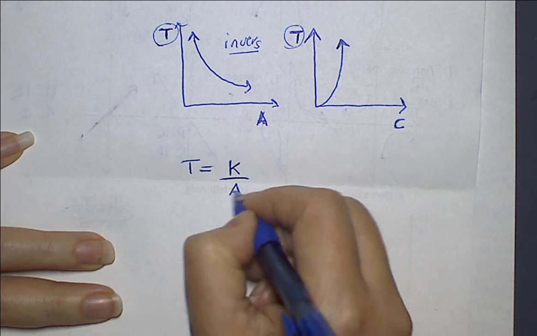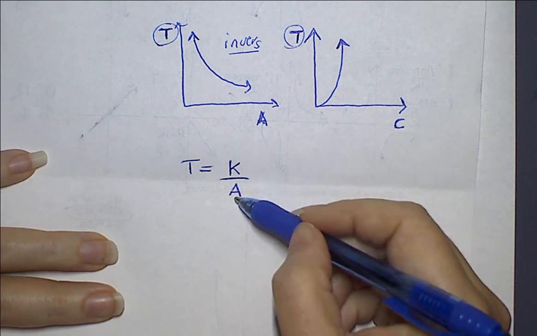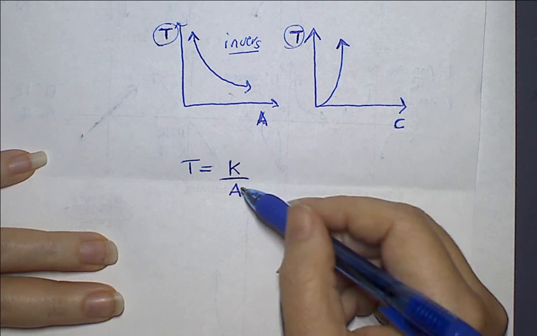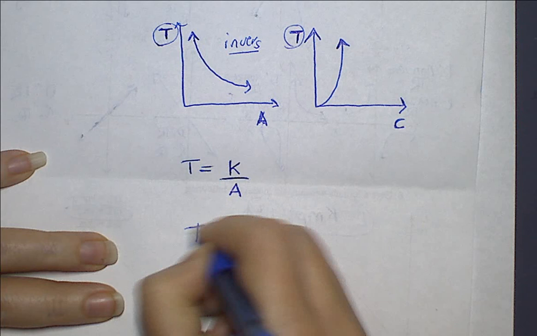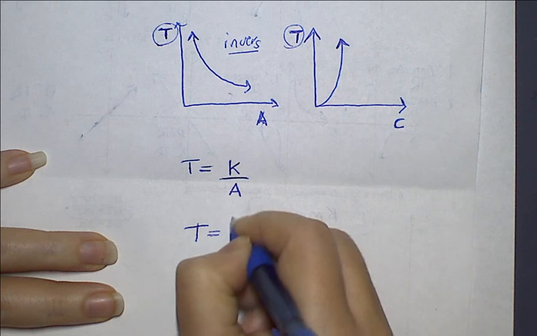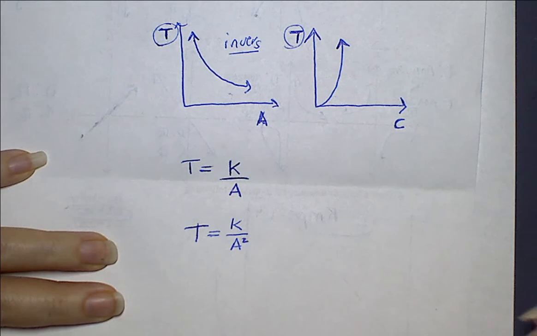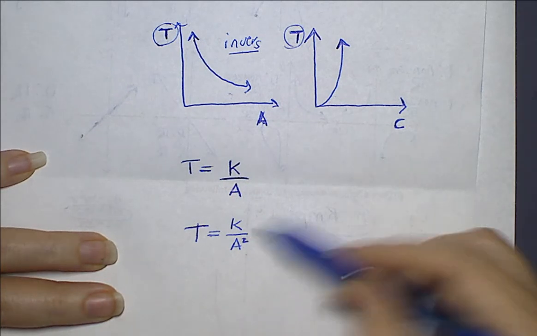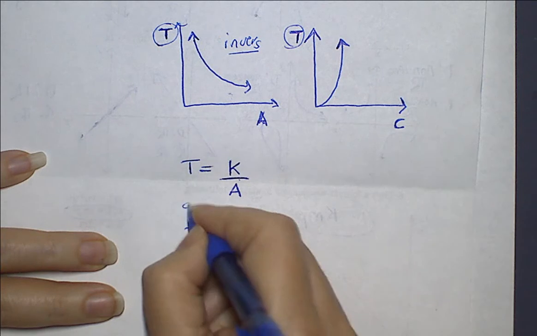Now the thing we don't know is if it was A or A squared. So it could be T equals K over A, or it could be T equals K over A squared. Without more information, either one of these is correct, so both of them are our equations so far.